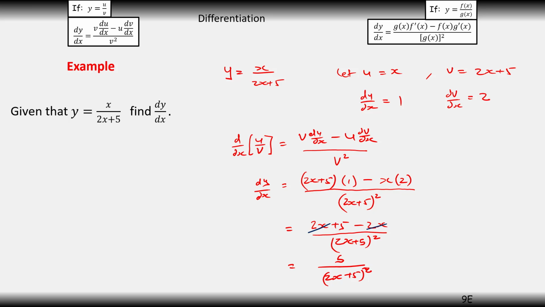And that's us done, all differentiated. So what I want you to do is to hit pause in a second. Copy the example down. When you're ready, hit play again, and we'll look at another example.